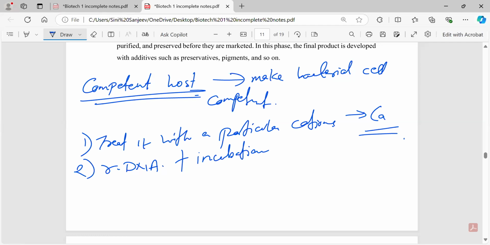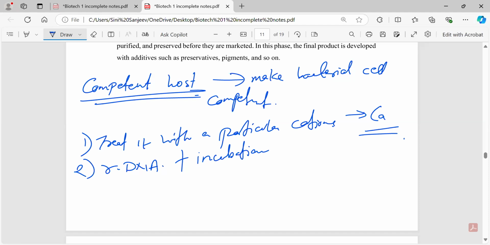Once it takes the recombinant DNA inside, you have to make sure the cell membrane closes. To close it, you put it on ice. When you put it on ice, the pores of the cell membrane will close, and then the recombinant DNA is safe inside your bacteria.